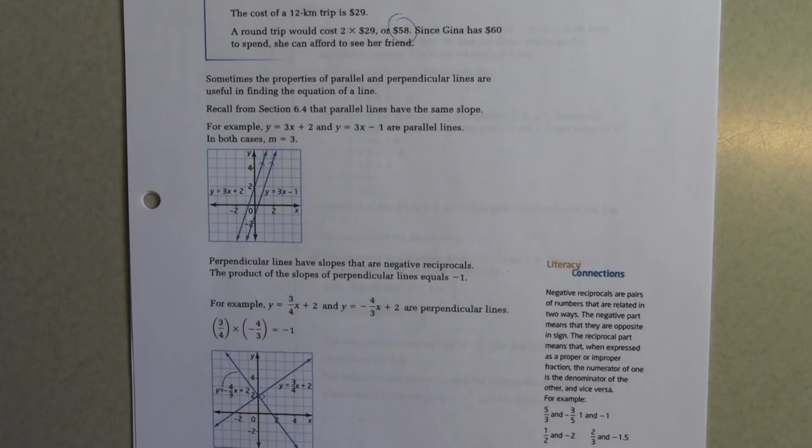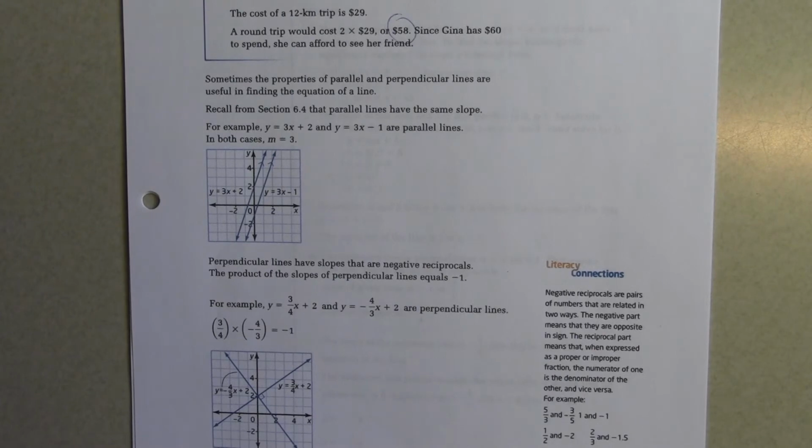So, Justin, if I had one line that had a slope of -3, and then I had a perpendicular line to that, what would the slope be? 1/3. Yes, good. -3 flips it, 1/3, and changes the sign. Okay, very good. Nicholas, what about if I had a slope that was -1/7? What would the slope be of a perpendicular line?